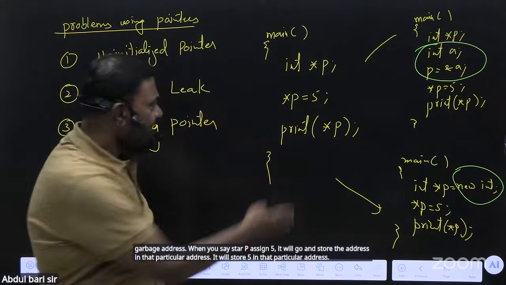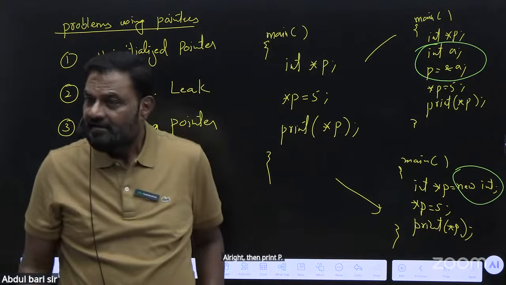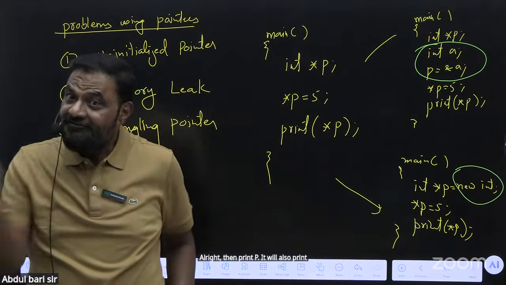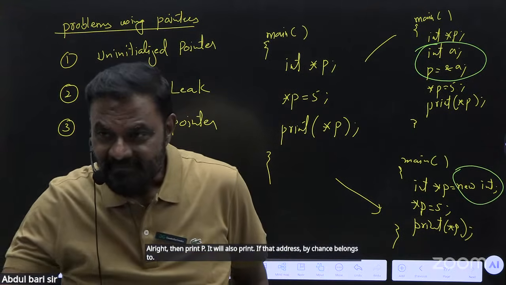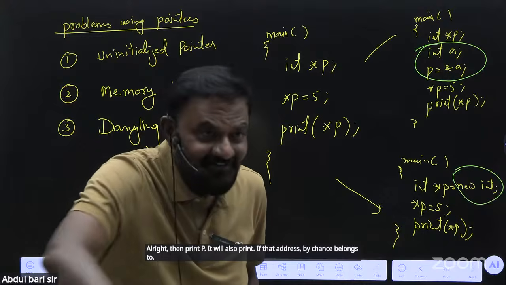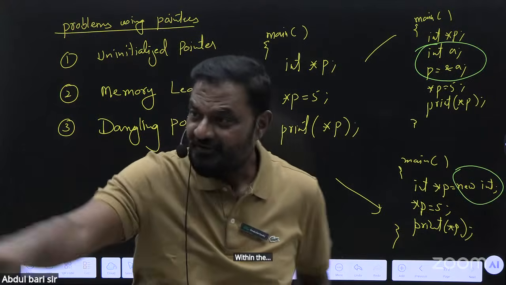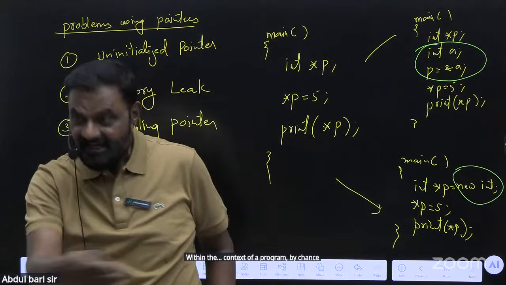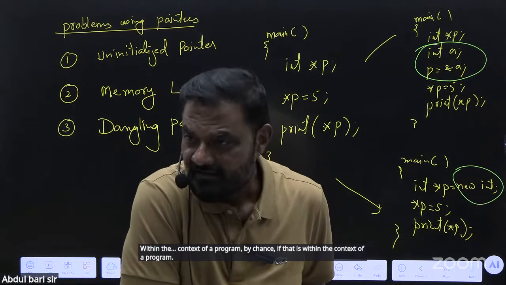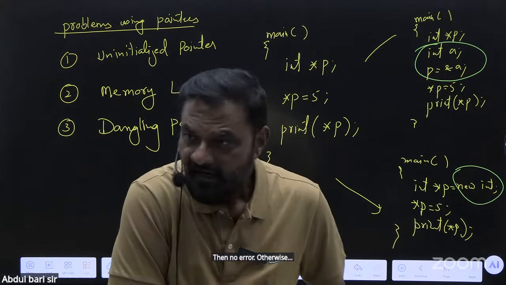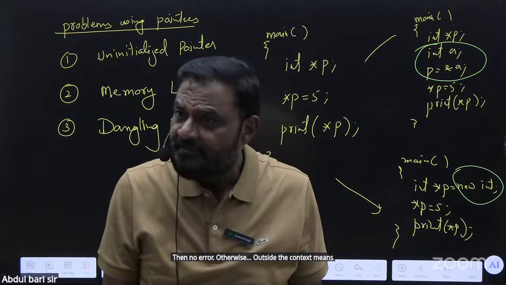All right. Then print p. It will also print, if that address by chance belongs to within the context of the program, then no error. Otherwise, outside the context means that memory doesn't belong to us.